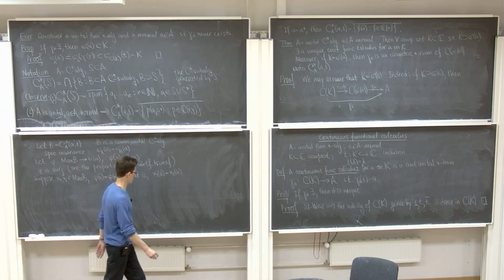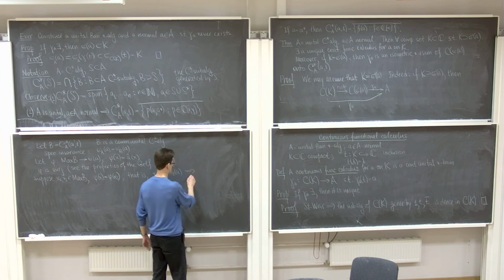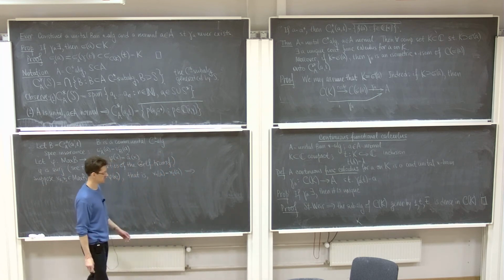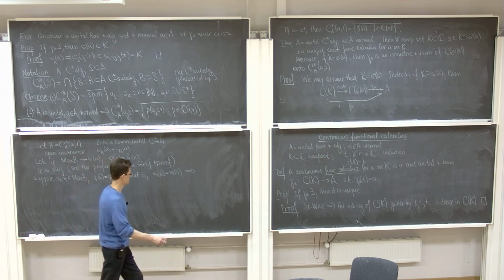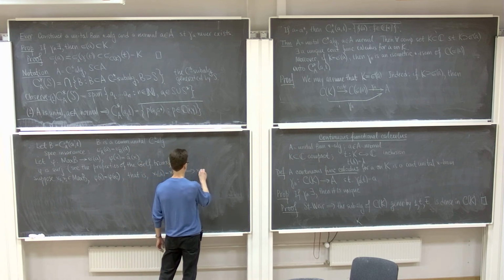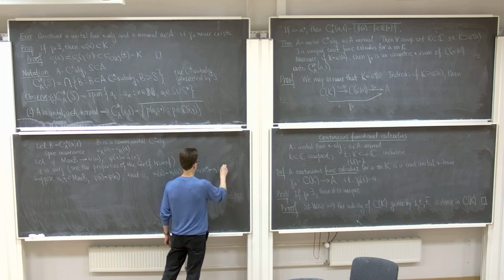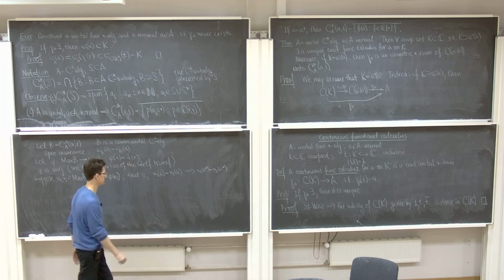Now, since all characters of a C-star algebra are star characters, this implies that x1 of a star is equal to x2 of a star.